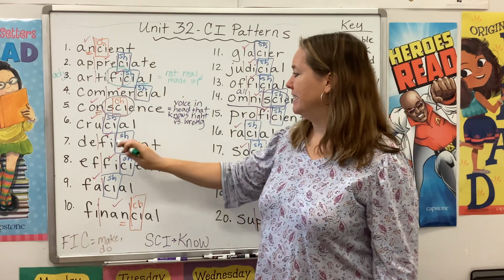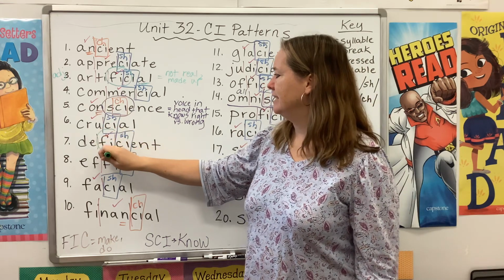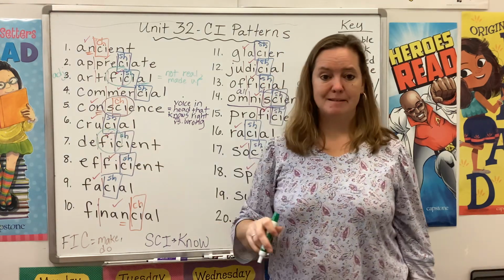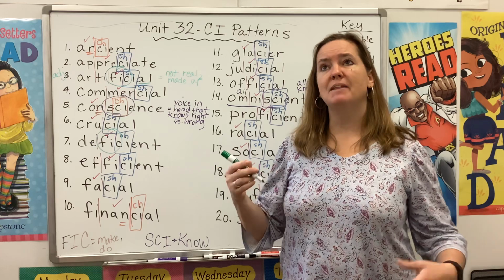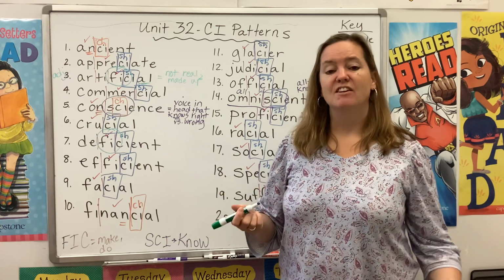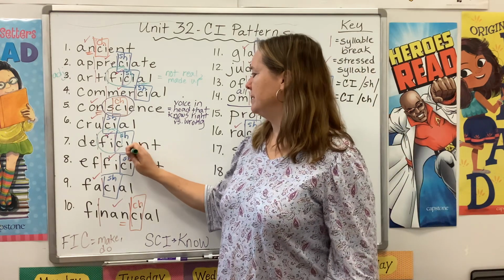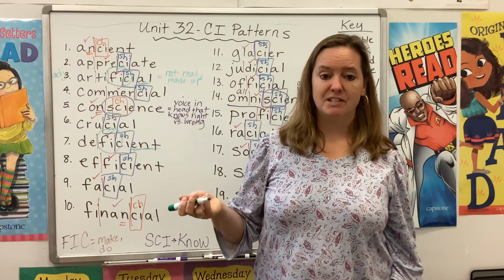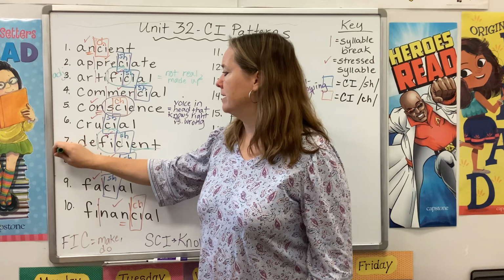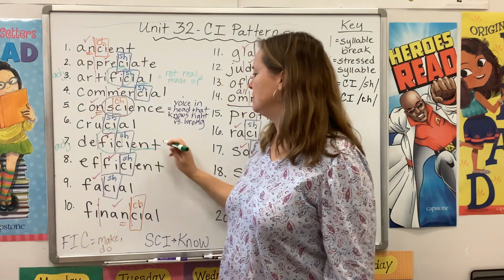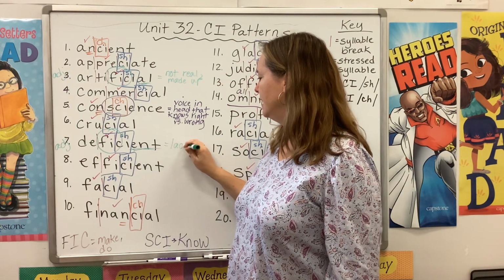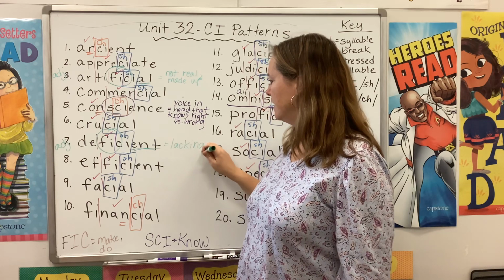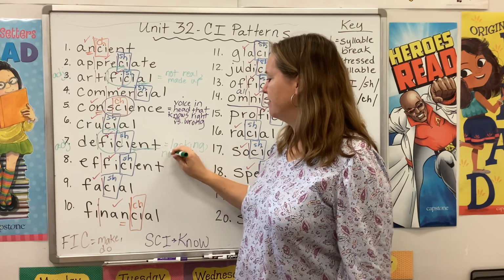We see that fic again right here in deficient. If something is deficient, it's an adjective, right? We learned about this several weeks ago. ENT is often a suffix for an adjective. So if we are deficient, it means we are lacking. It means we don't have enough.